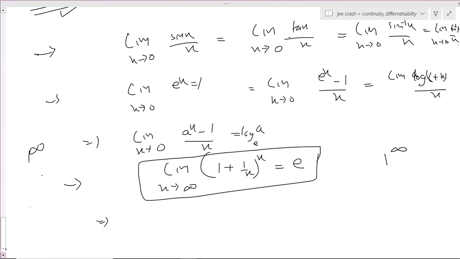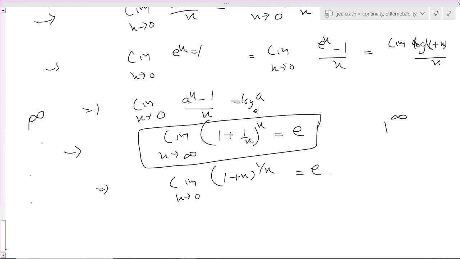And this can be written in this format also: limit as x tends to 0 of (1 plus x) to the power 1 upon x, and this is also e. All right, write it down.